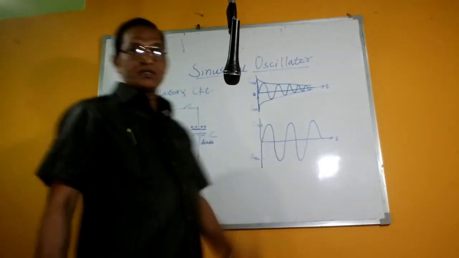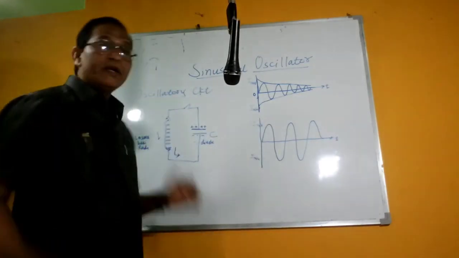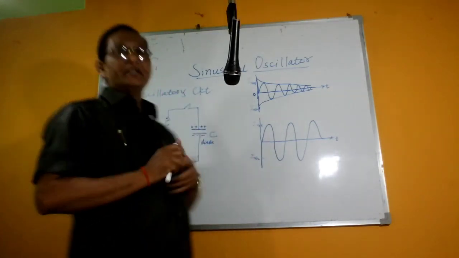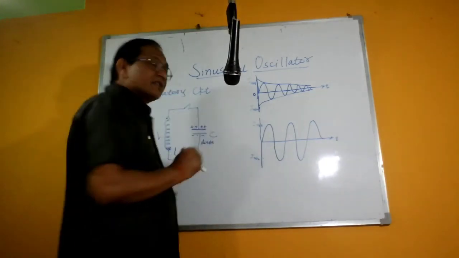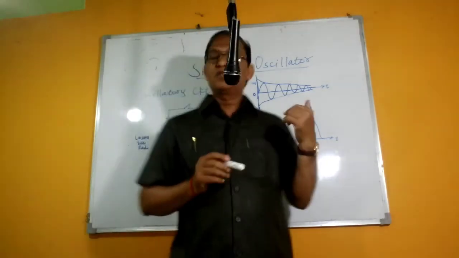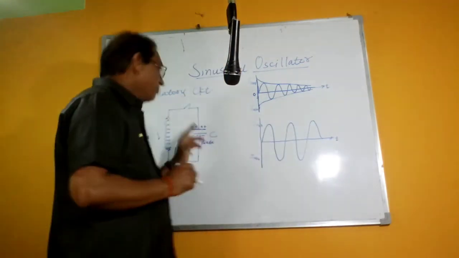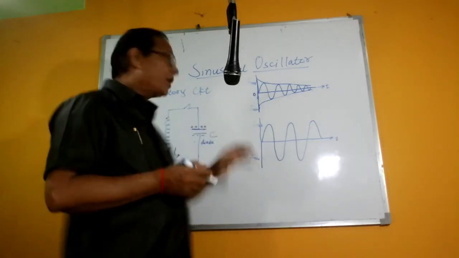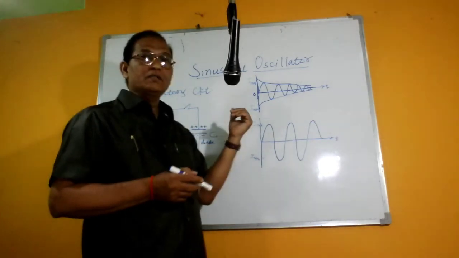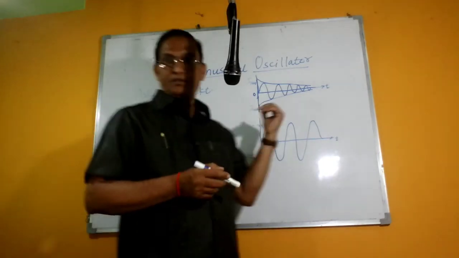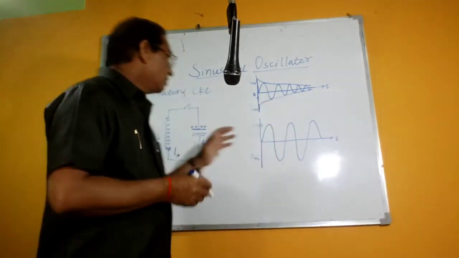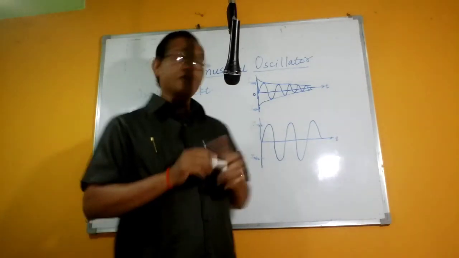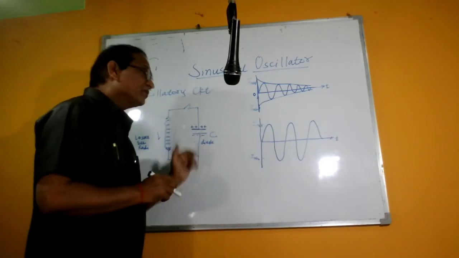For getting undamped oscillations from the tank circuit, it is necessary to supply energy to the tank circuit to meet the losses. Any energy applied to the tank circuit must have a polarity conforming to the existing polarity at the instant of application.